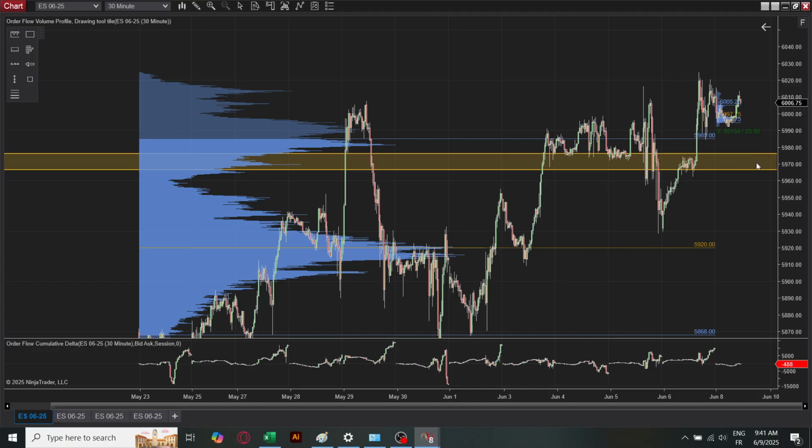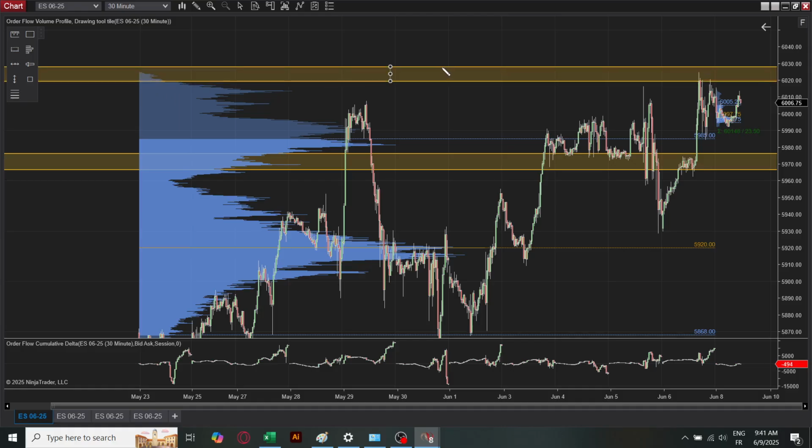If there is an absorption, I will go long. If there is a strong bearish move, then I will wait for a breakout and retest. And the second level is over here. If price comes over here, I will do the same with the footprint.